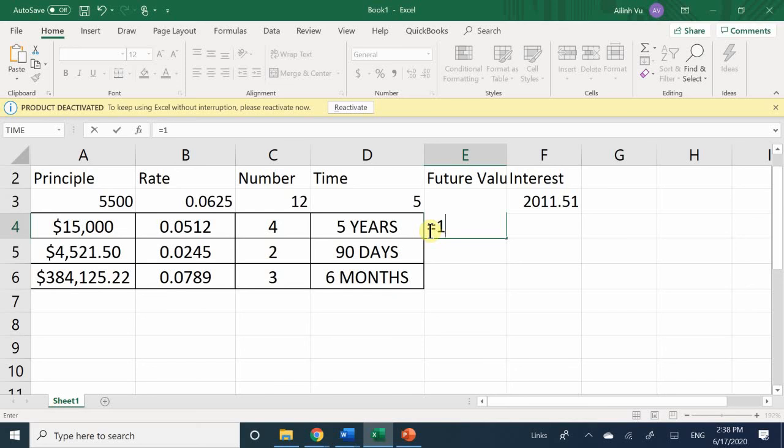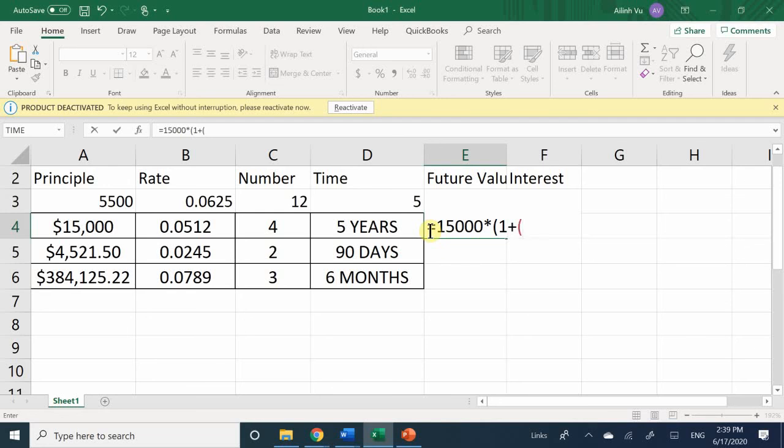So again, we started off with $15,000. We're going to multiply. Times 5.4. We're dealing with compound interest this time, so it's a different formula. Parentheses, 1, not times, we're going to add.